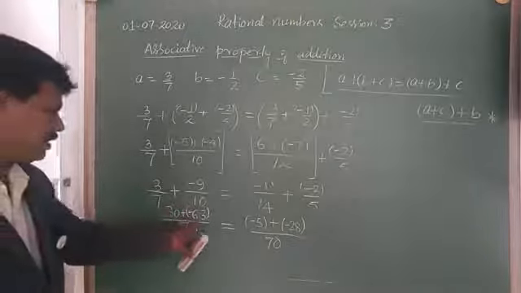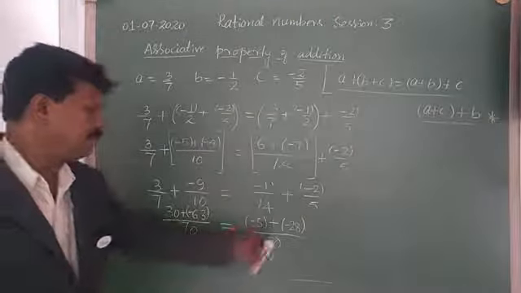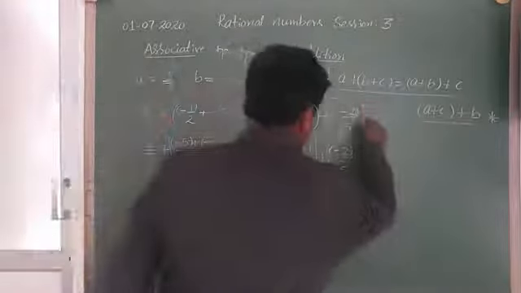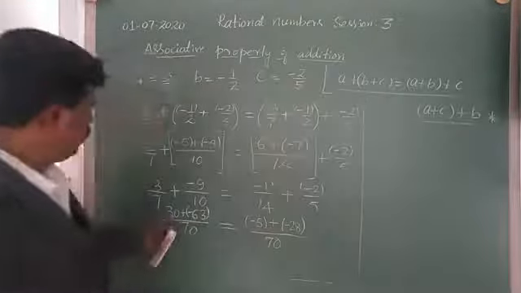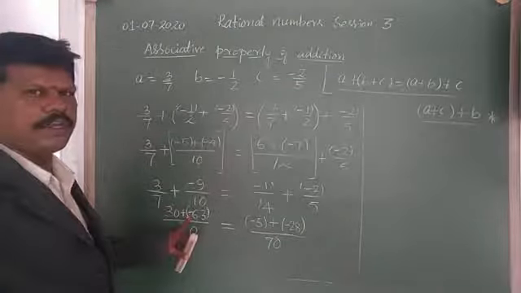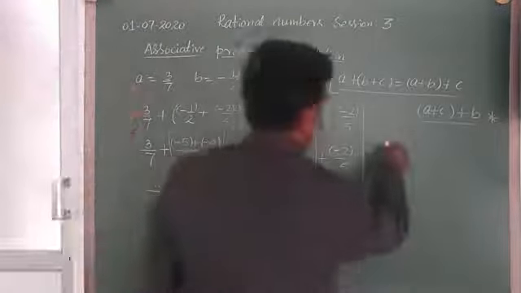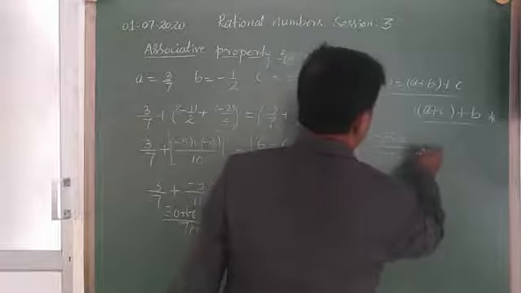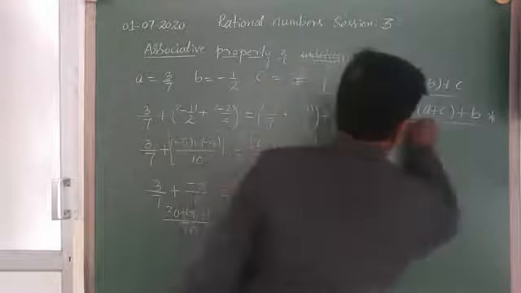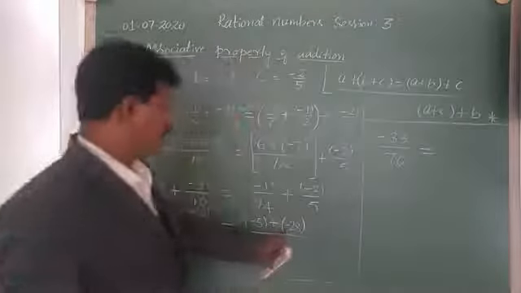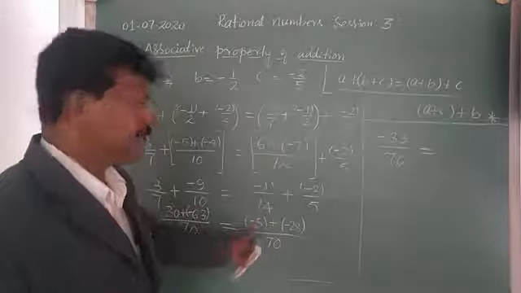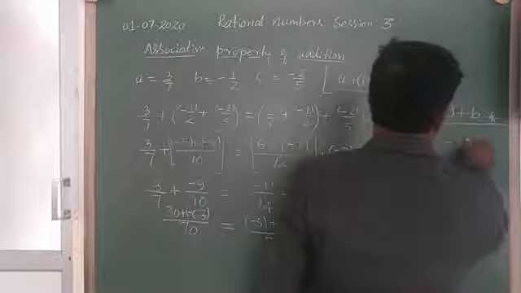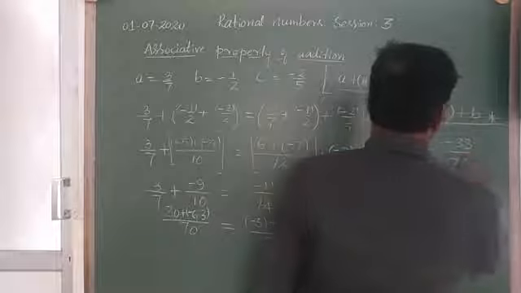So 30 plus of minus 63 by 70, minus 5 plus minus 28 by 70. I am writing plus 30 minus 63, that means you should subtract, you will get minus 33 by 70, is equal to minus 5 minus 28, so again here is minus 33 by 70.